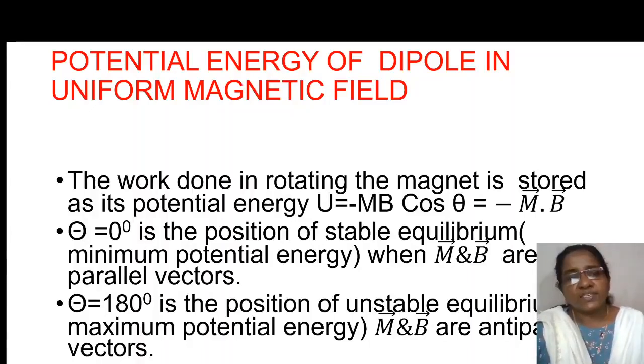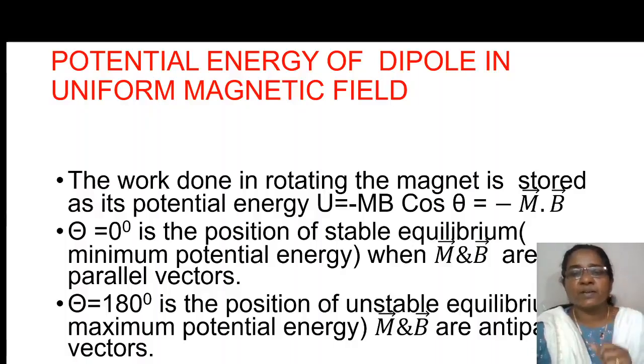And when theta is 0 degree, that is when the magnet is aligned with its moment parallel to the external field, at that position, U is equal to negative m b cos 0. Cos 0 is 1. So U is equal to negative m b, which denotes the minimum potential energy stage.